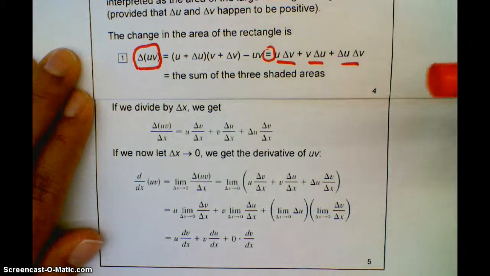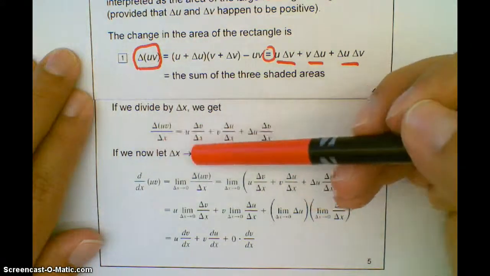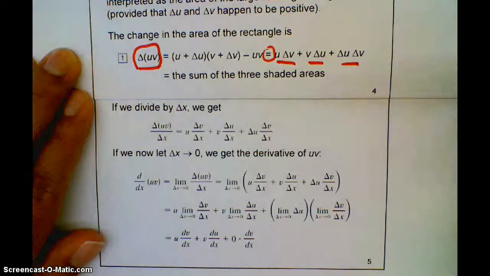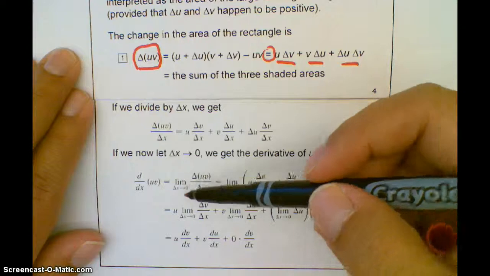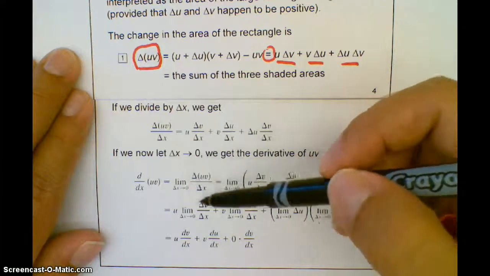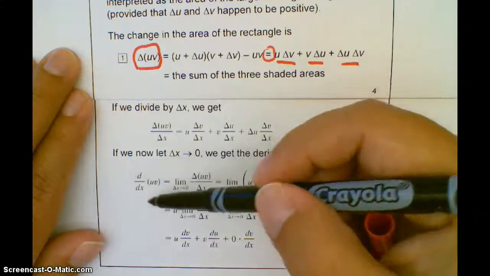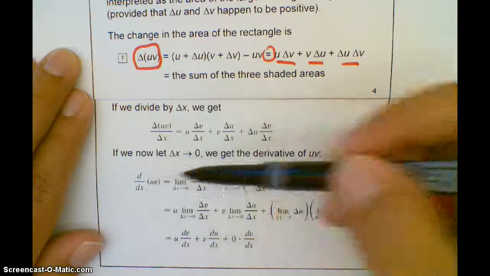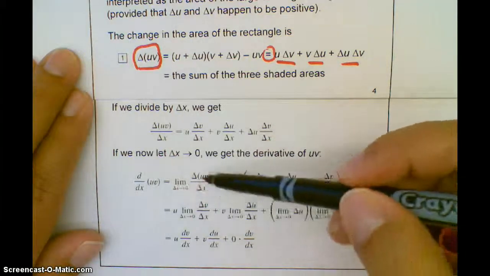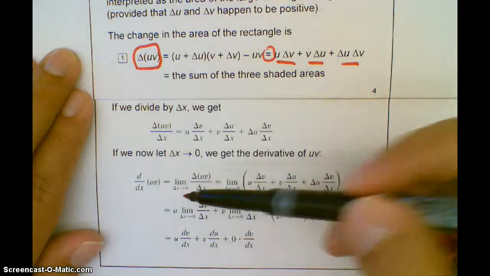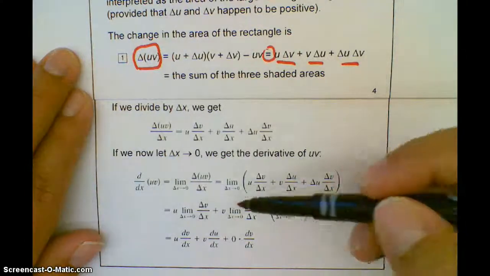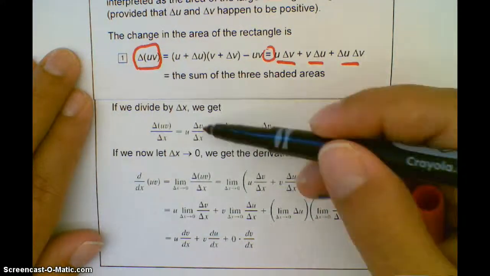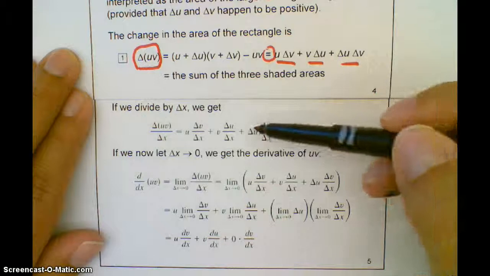And now if we make the change in x approach 0, what we're doing is taking the actual limit. So when I'm taking the limit, this will be the definition of derivative. So what I'm finding is the derivative of the product is the same as the limit of this rate as the change in x approaches 0. Remember, x is going to change very, very little. And that will be equivalent to taking the limit of this expression right here.